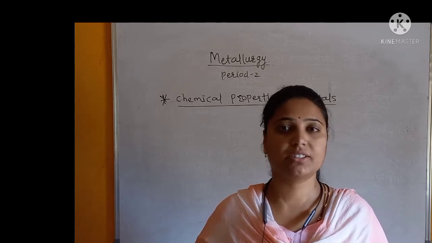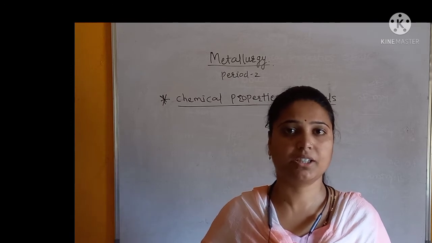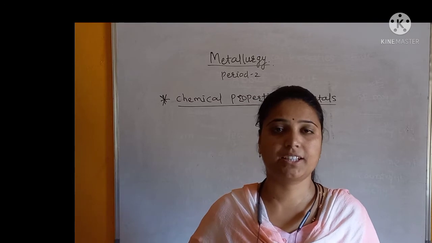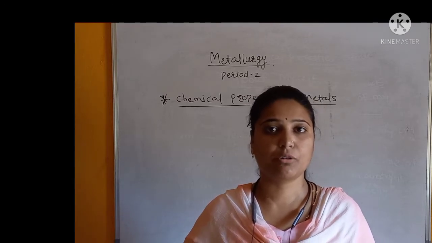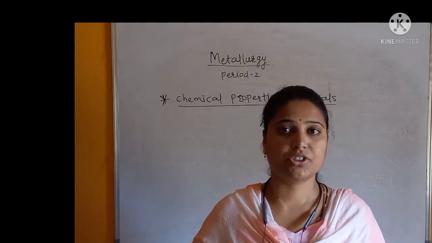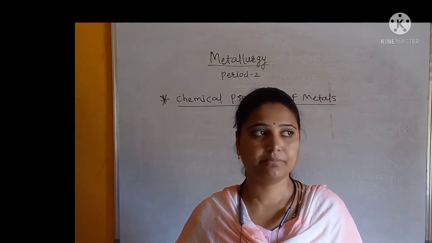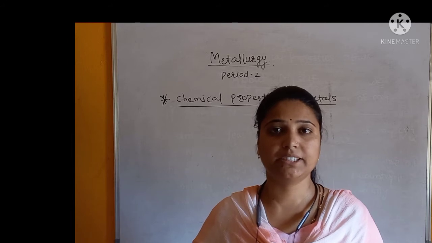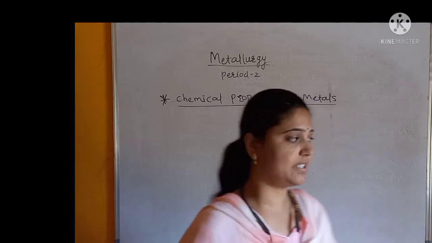In the previous lecture we saw the physical properties of metals and non-metals. In that topic we saw that the melting points of metals are very high and non-metals have low melting points. Depending on that, one question was asked in the CET exam: arrange the following elements in increasing order of their melting points.